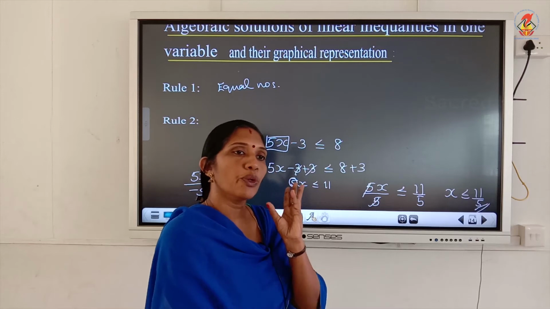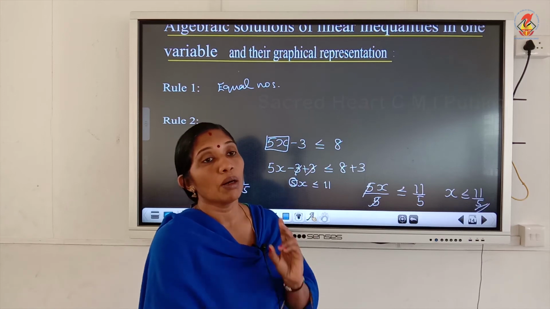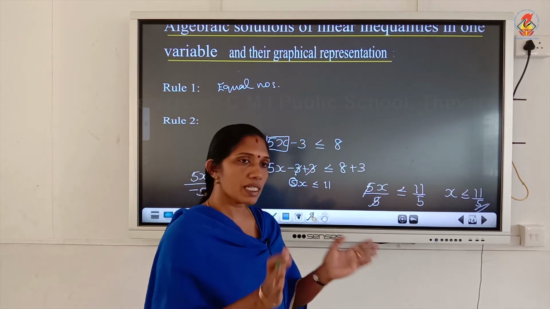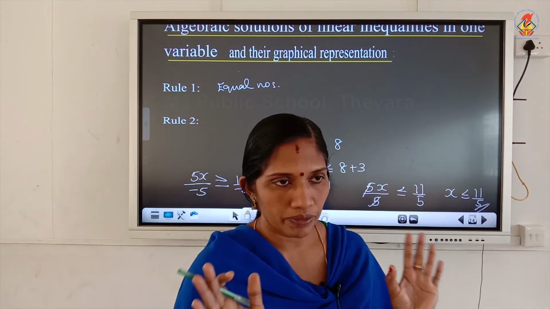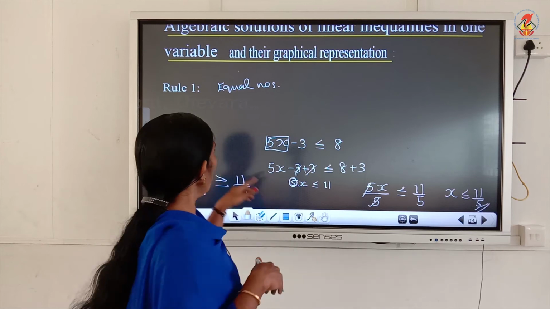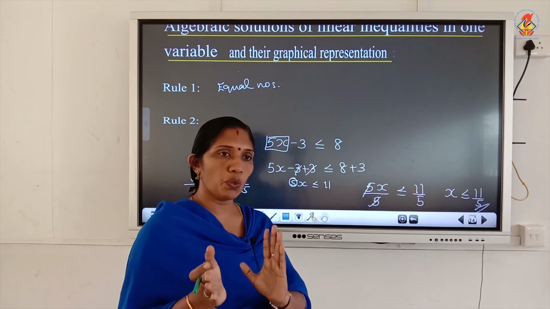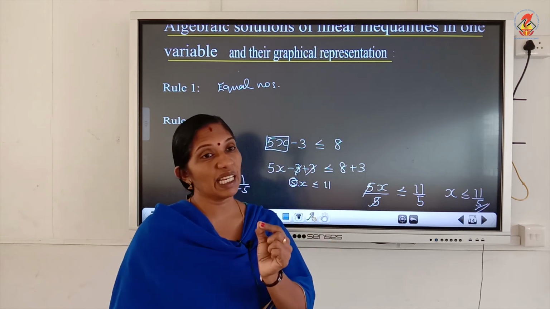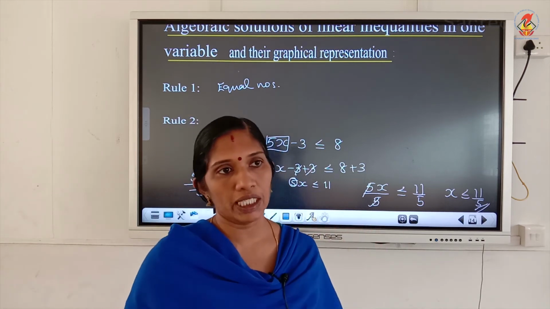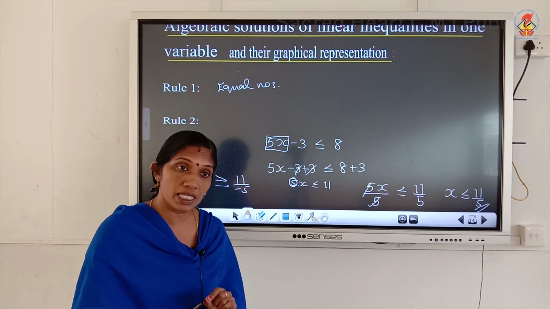So once again, equal numbers may be added to or subtracted from both sides of an inequality without affecting the sign of the inequality. That means on both sides you can add the same number or subtract the same number, no problem at all. Then the next rule, rule 2: both sides of an inequality can be multiplied by or divided by the same positive number.